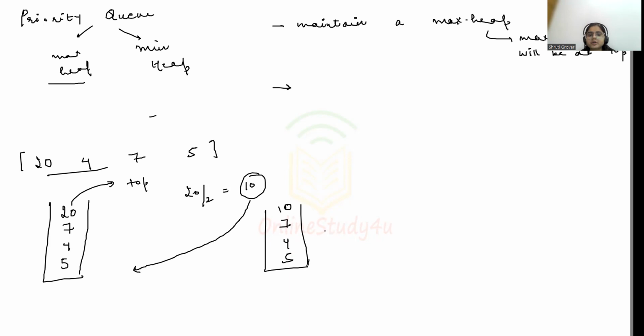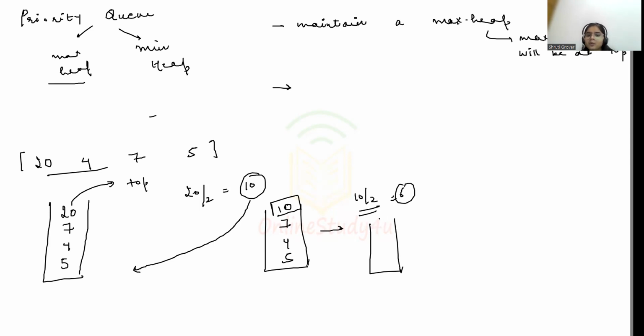After doing this, again I'll take out the top element, which is 10, the maximum element. After popping out this element, I'll do 10 by 2, because I have to do array of i by 2 every time, k times. So now it will become 5, and I insert back this 5.